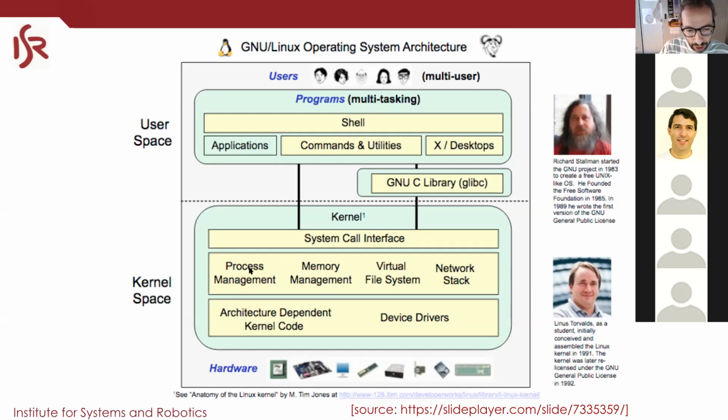So managing processes, managing memory, allocating memory, the virtual memory system: the software can see more memory than the memory that really exists in our computer. Then the virtual file system. In Linux, you see everything in the same file system, differently than other operating systems, such as Windows, where you have the disk and then you have the folders.